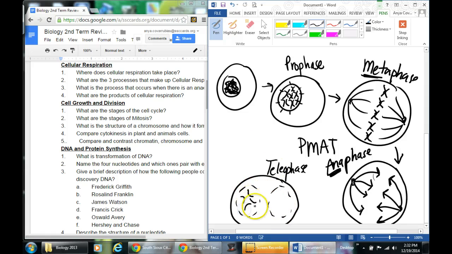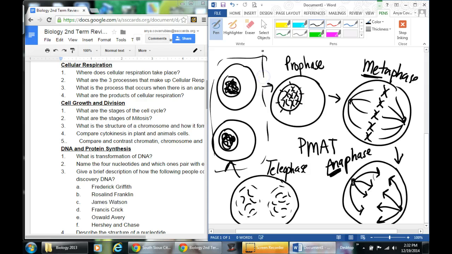And now we have the identical sets of DNA that we're going to get ready for cytokinesis, where the two cells separate and we get two identical cells. Cytokinesis is where the cytoplasm actually splits.